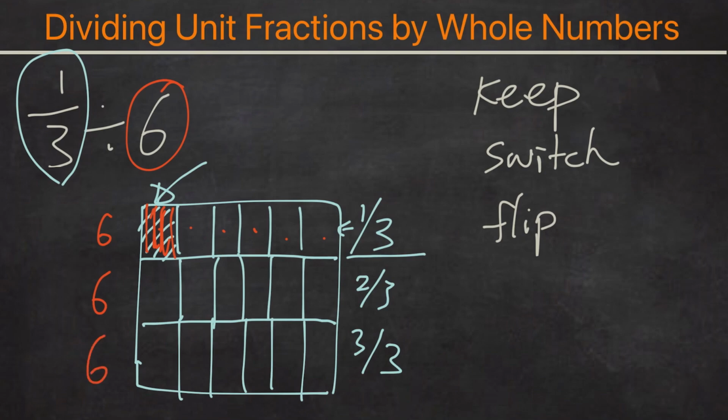So 6 times 3 means that there's total of 18 units divided. And this 1 unit is 1/18. So as you can see, that is the same answer as we've gotten previously when we use keep, switch, and flip.